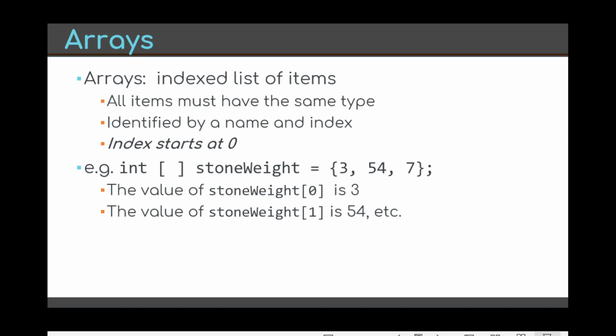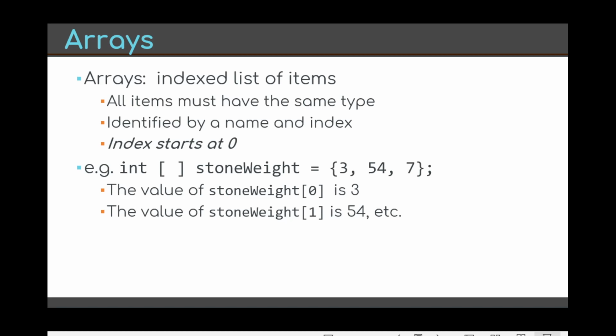And then we have this curly bracket notation with the commas. This is creating an array on the fly for us. This is creating an array of integers that has 3 values in it. Index 0 has value 3, index 1 has value 54, and index 2 has value 7.